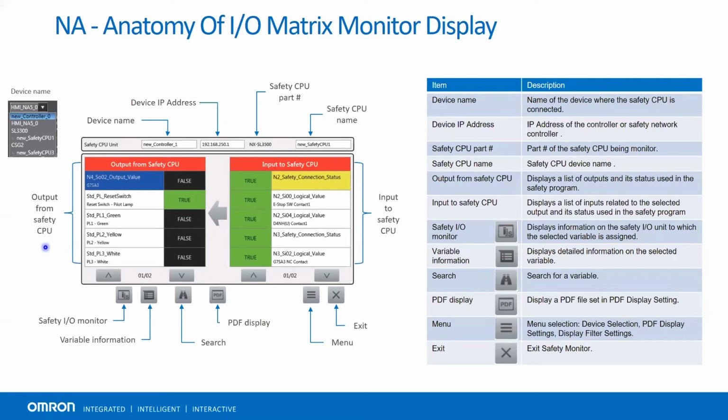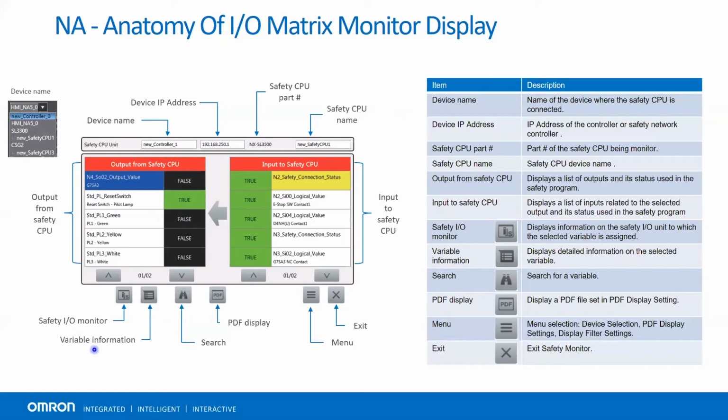Display a list of output and its status used in the safety program. Input to safety CPU. Display a list of input related to the selected output and its status used in the safety program. Safety I/O monitor. Display information on the safety I/O unit to which the selected variable is assigned.